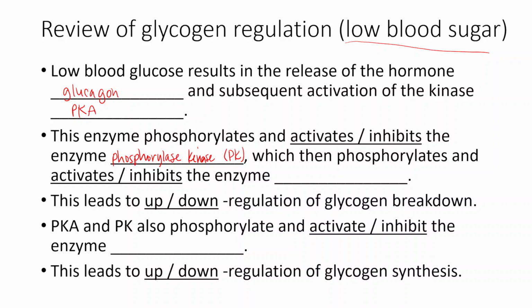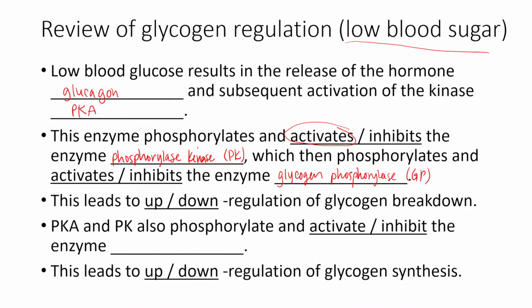So when phosphorylase kinase gets phosphorylated, is it activated or inhibited? Yeah, it's activated. And then which enzyme does phosphorylase kinase phosphorylate? Yeah, glycogen phosphorylase, or GP.